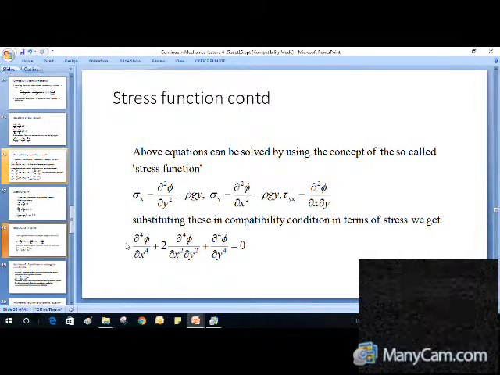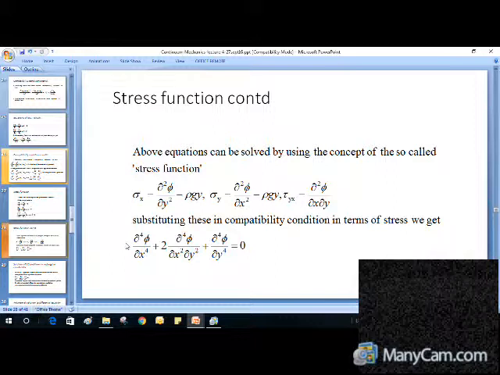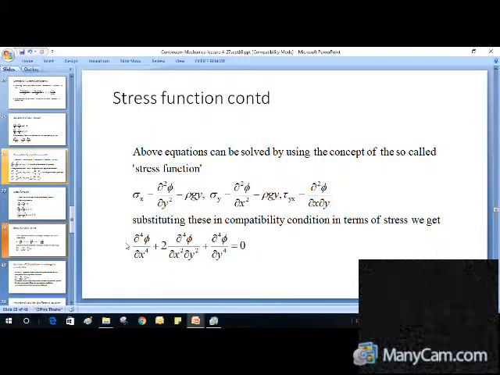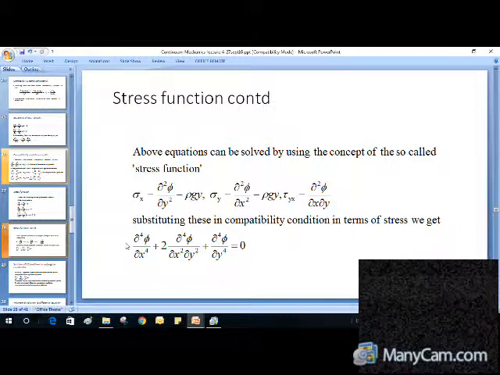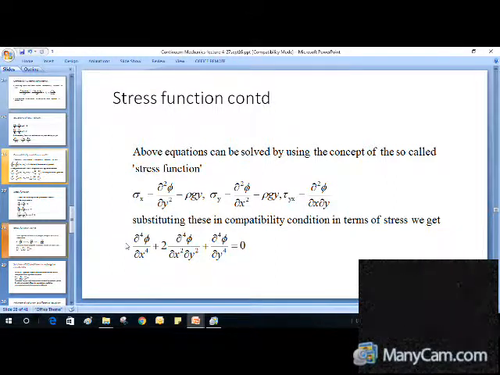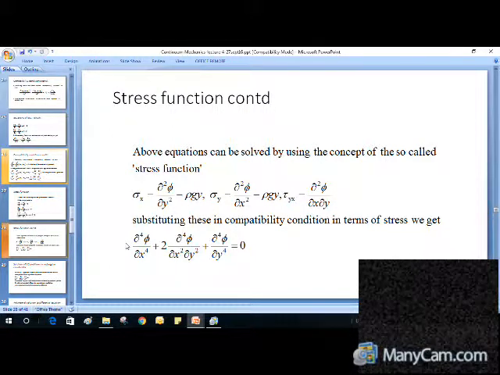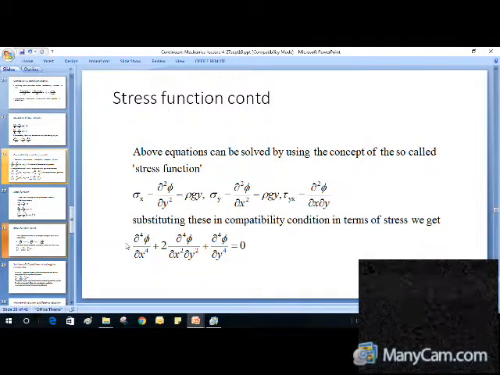So what I am doing is I have these three substitutions, I substitute them in the compatibility condition, and the compatibility condition is now obtained as a fourth order partial differential equation with constant coefficient. It has only the middle term with a constant coefficient 2, the others have no coefficient.